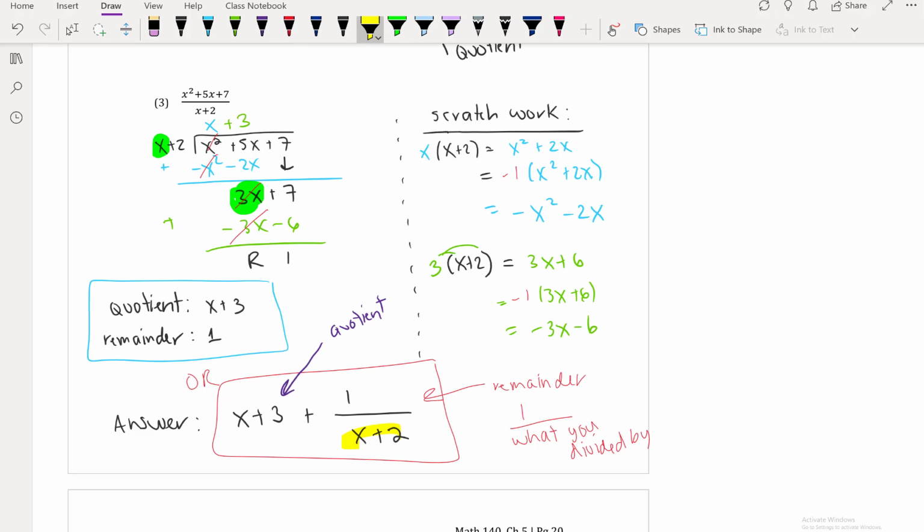So you can see that this x plus 2 came from my original denominator, because that's what I'm dividing everything by. I'm dividing everything by that x plus 2. So what I divided by is that x plus 2. So the remainder would be 1 over what you divided by, which was that x plus 2.